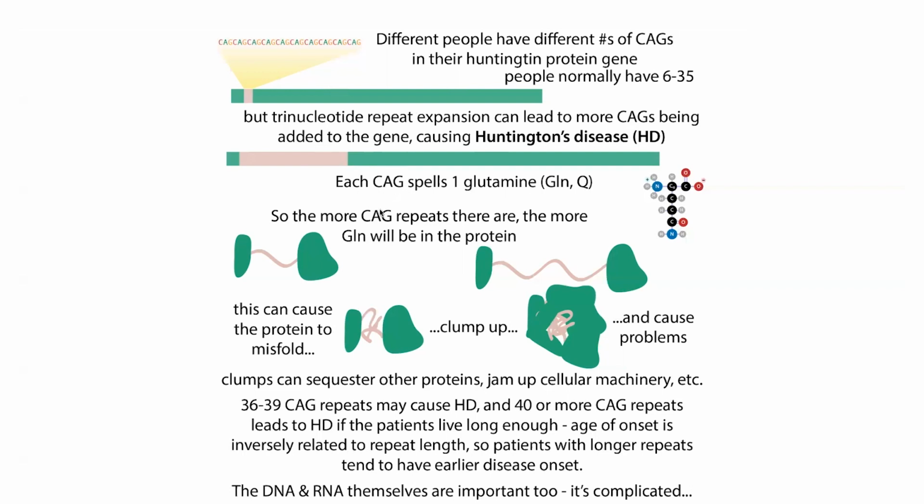But the problem is it's been hard to target just the faulty version and not the healthy version as well. And there have been some toxicity problems. So there have been a lot of disappointing results from therapeutic trials lately, but there's still a lot of hope and more research going on.